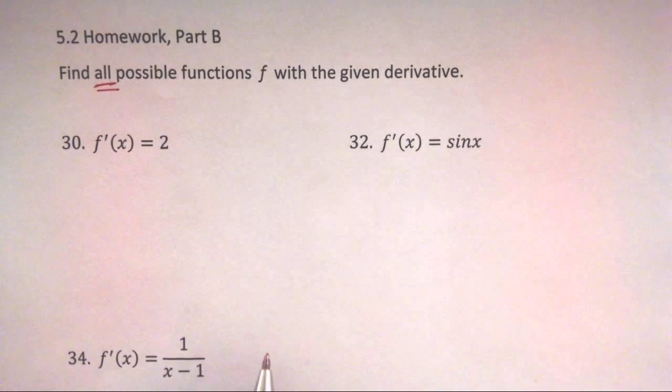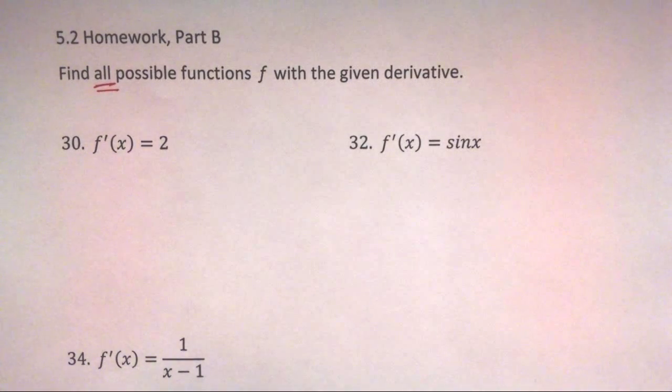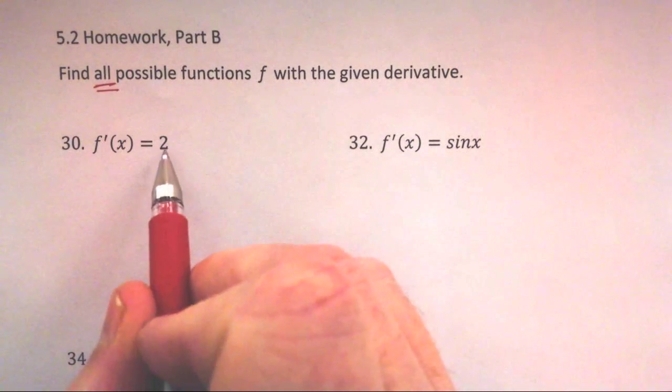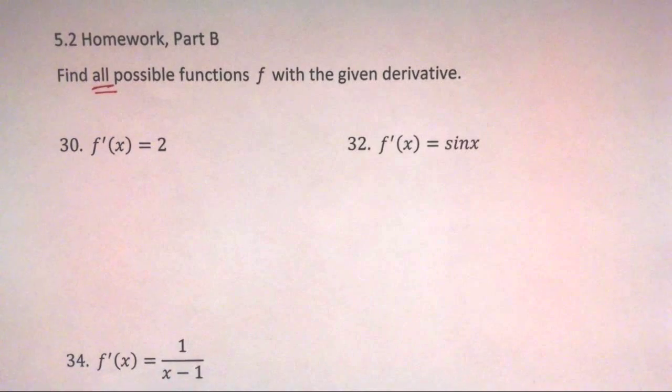So antiderivatives, there's a ton of functions that could give me a derivative of 2. For instance, 2x does, but so does 2x plus 4, and so does 2x minus 7, and 2x plus square root of 3.